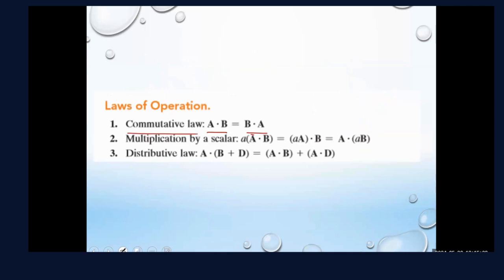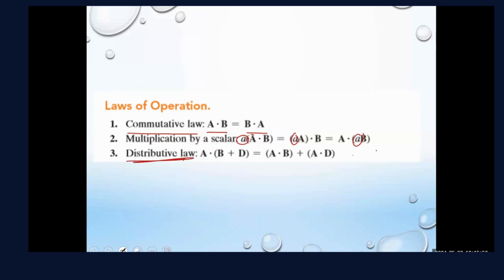If you multiply by any scalar number, it is equivalent to multiplying the scalar with vector A and then taking the dot product, or multiplying the scalar with B and then taking the dot product. The answer will remain the same. It also obeys the distributive law.